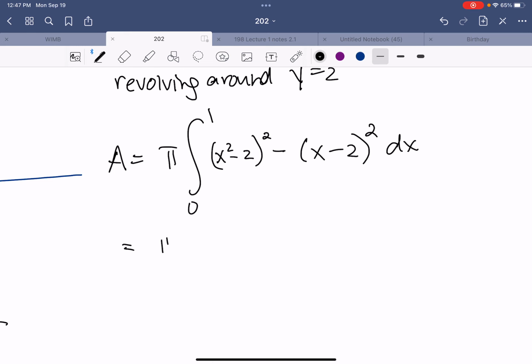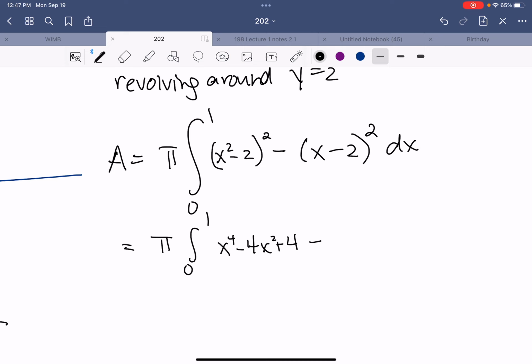So that gives us pi times the integral from 0 to 1 of x squared minus 4x plus 4 minus, oh wait, hold on. Let's fix that. My power should be 4 and 2 because I'm squaring a square.